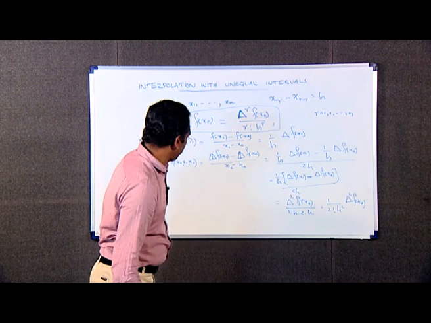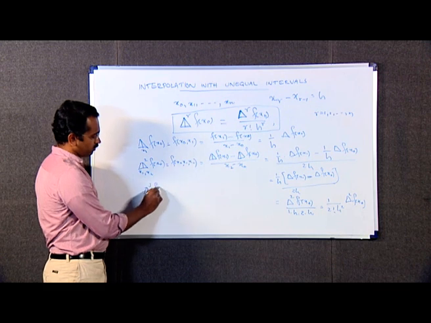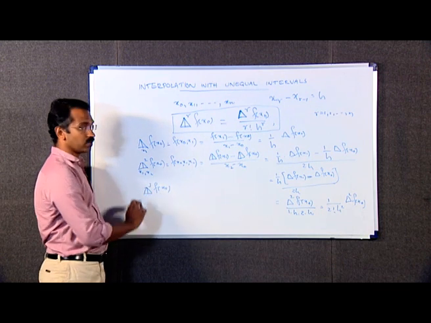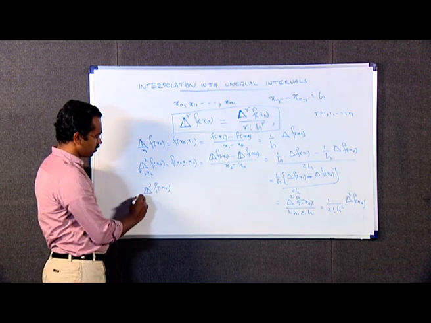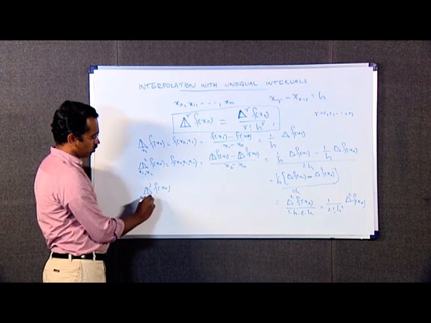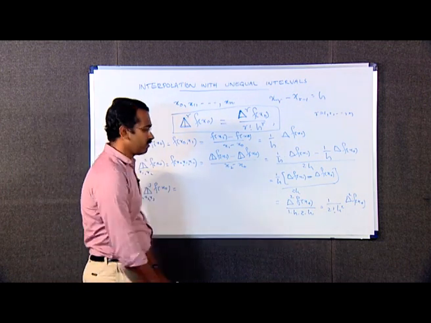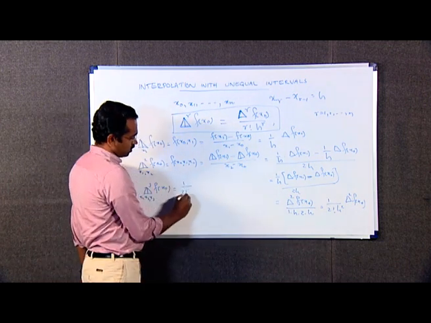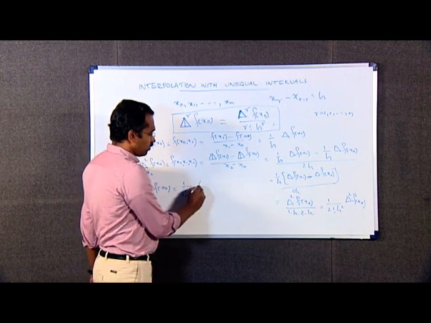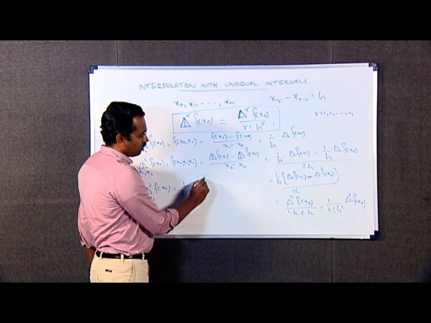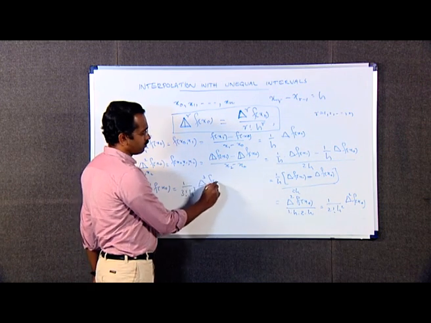Similarly, we can show divided delta cube f of x0, that is the third order divided difference between the arguments x0, x1, x2 and x3, is equal to 1 by 3 factorial into h cube into the third order forward difference, that is delta cube f of x0.